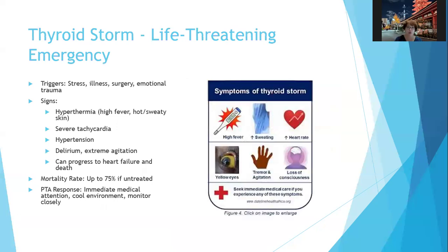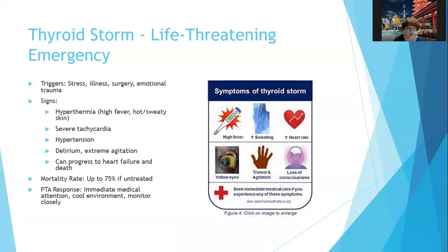A thyroid storm is another endocrine life-threatening emergency which can be triggered by stress, illness, surgery, or emotional trauma. So if somebody's in the hospital, do you think they're undergoing stress, illness, possibly surgery, and emotional trauma? Yeah, probably. So the signs are, it's a medical emergency. It's hyperthermia.